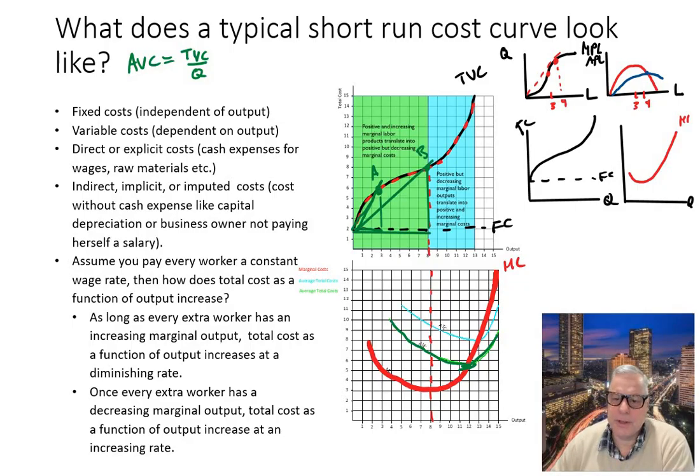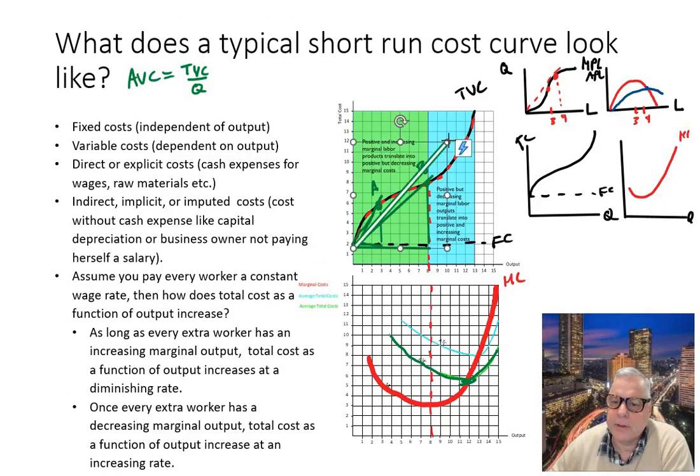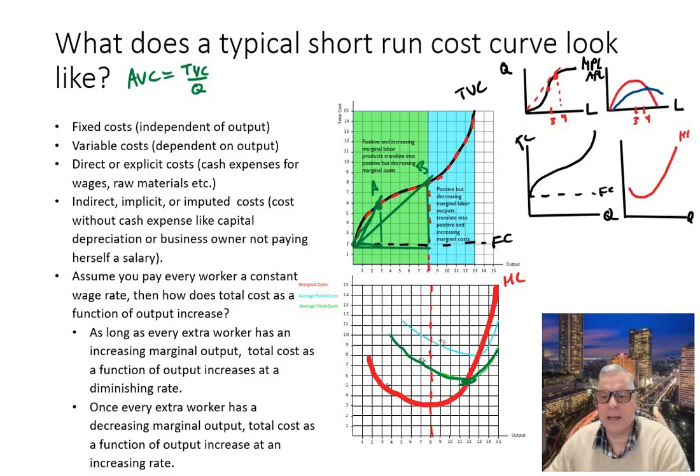But the question now is, where do we have the minimum? So let me see if I can maybe just draw a straight line. Okay, let's see if that works. So now I take this one. Didn't work, but I can do it differently.